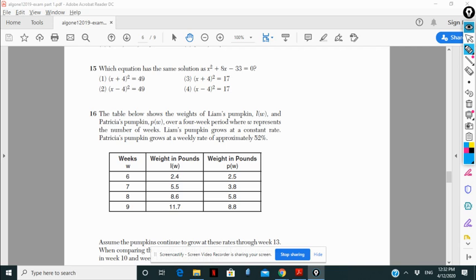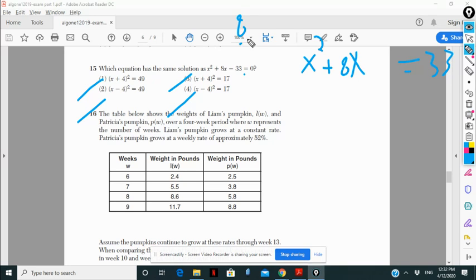Number 15. Which equation has the same solution as this one? It looks like completing the square, so I'm going to complete the square. X squared plus 8x. I added 33 to both sides, so they cancel out.